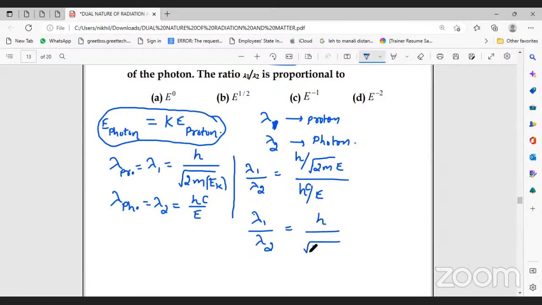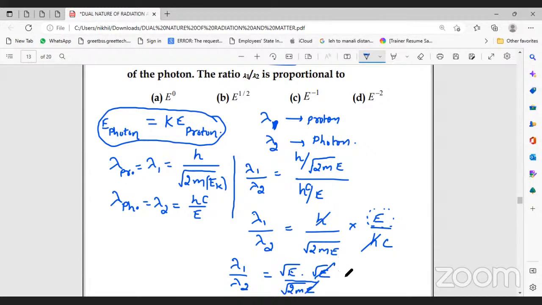H divided by root of 2mE, into E divided by hc. So h and h get cancelled out. So lambda 1 by lambda 2 is equal to root E into root E divided by root of 2mE. So one root E will get cancelled out, leaving square root of E divided by 2m.